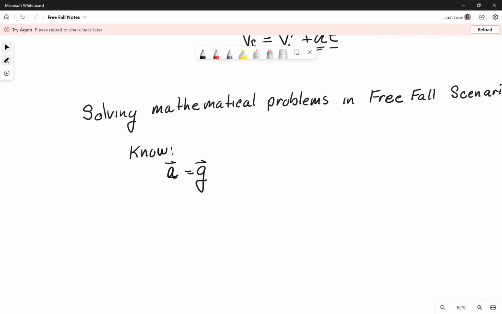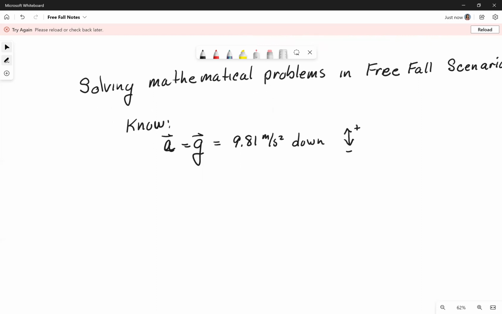It has direction, so we're always going to take that as 9.81 meters per second squared down. I am always going to take down to be negative and up to be positive. You can choose otherwise. If everything in your problem is going down, you can certainly keep that as a positive. But that's what you always know.